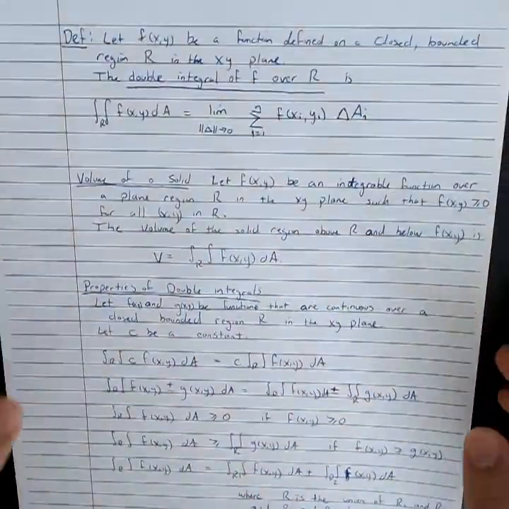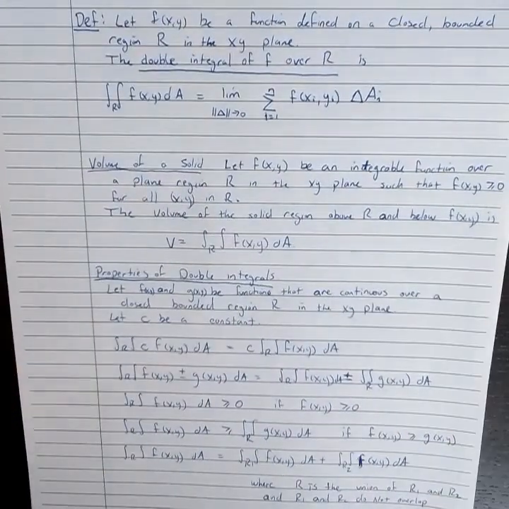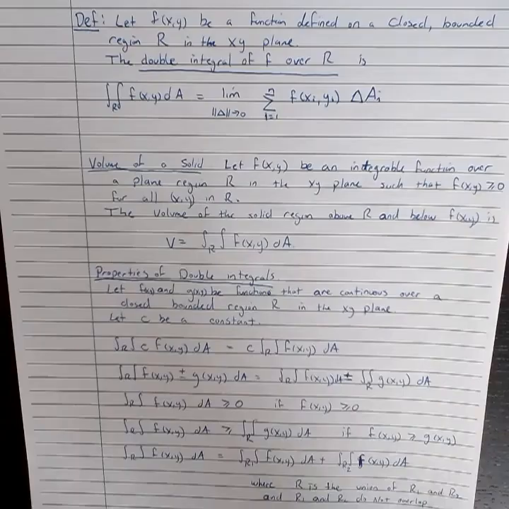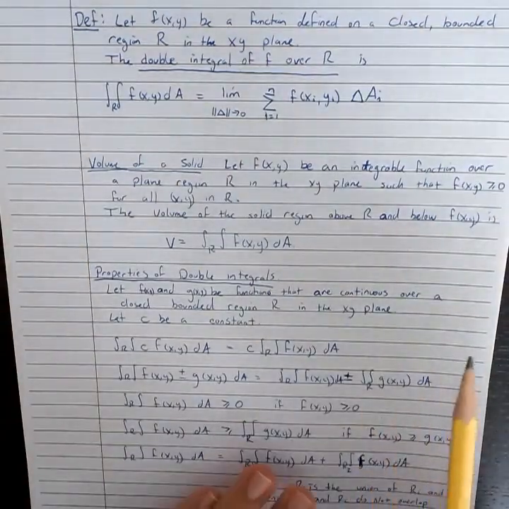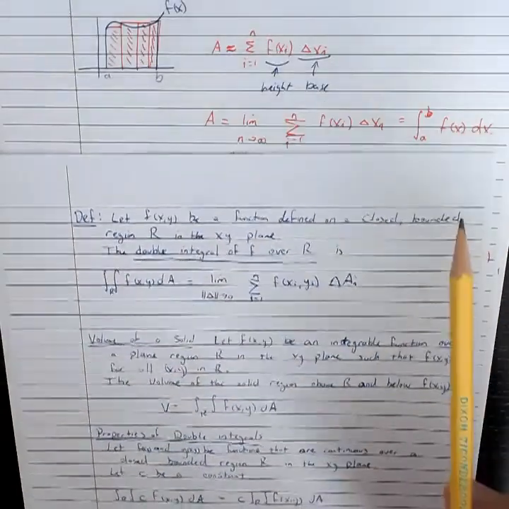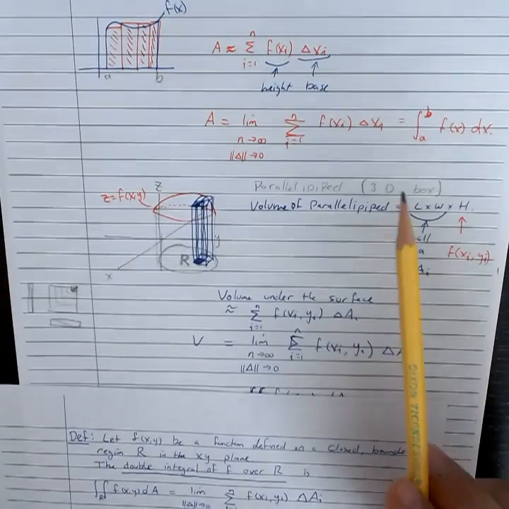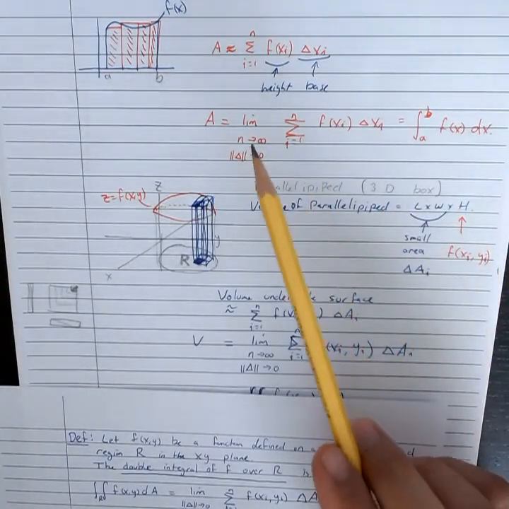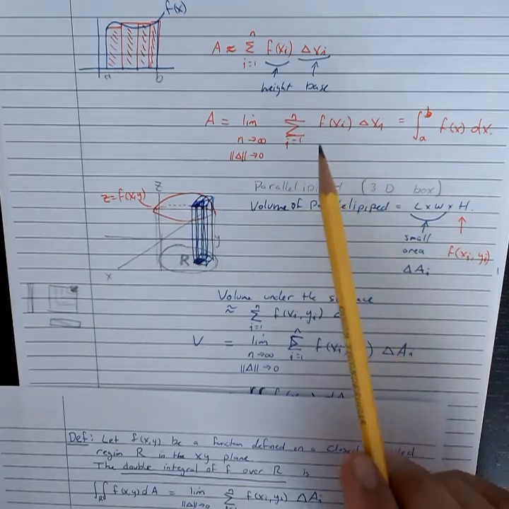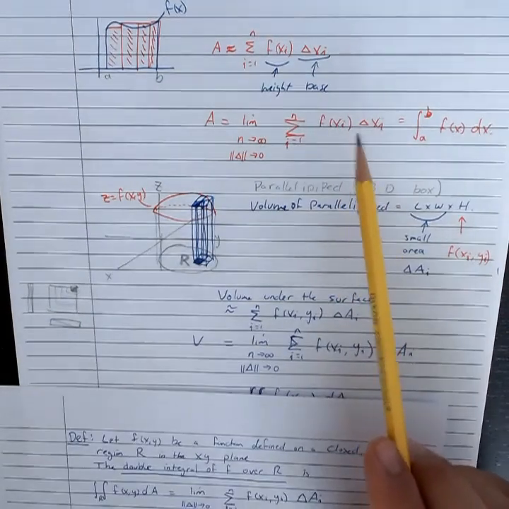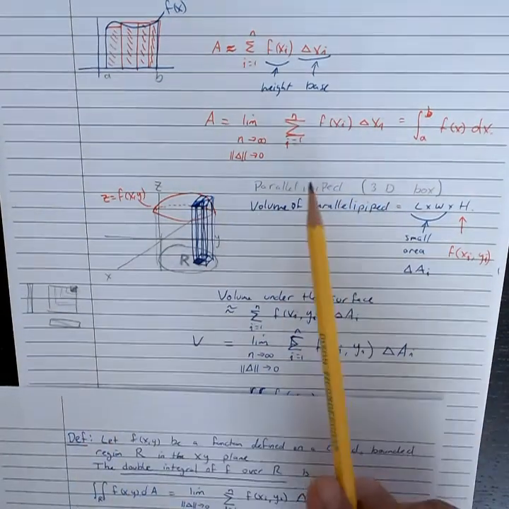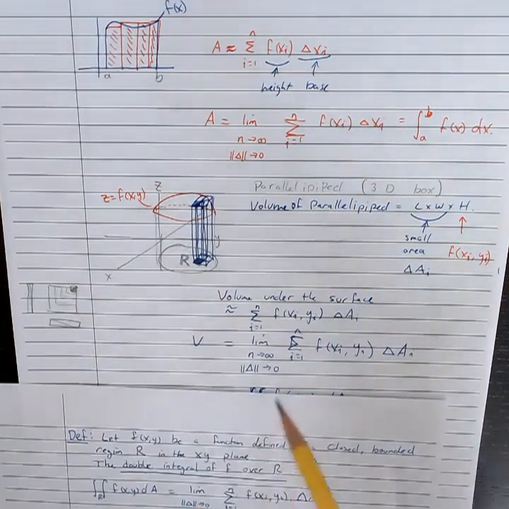All right, now, once we define the double integral, we can state a few properties of the double integral. Now, thankfully, notice that our double integral is defined the same way that our normal integral was. Here, it's the limit of a sum of the product of these two factors. And same thing over here.